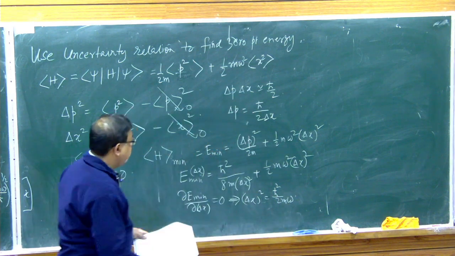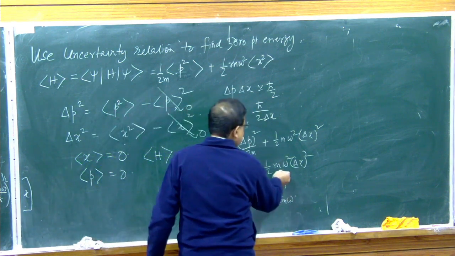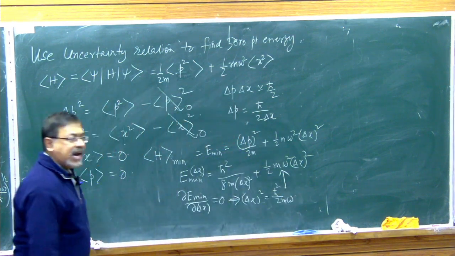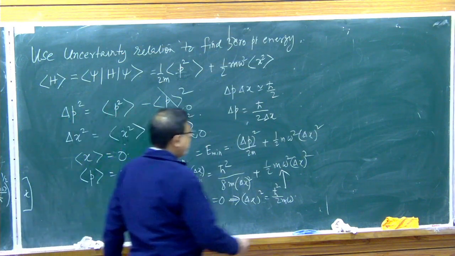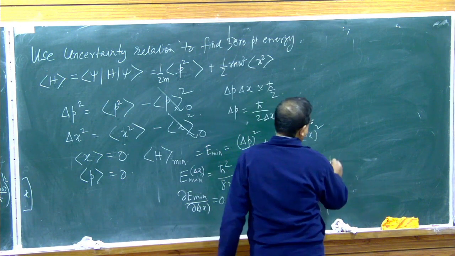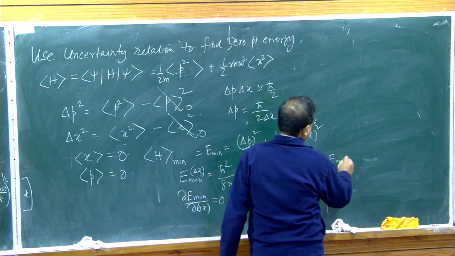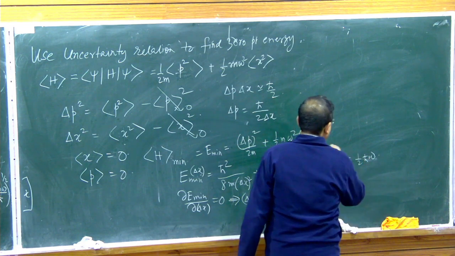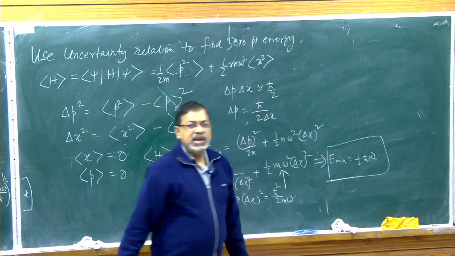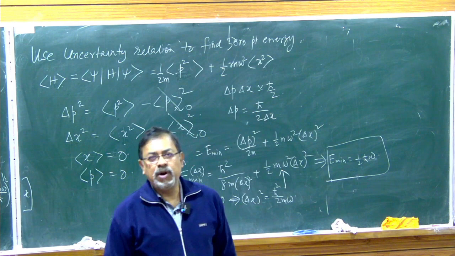If you put this value in this step, you get half h cross omega. So your E min comes out to be half h cross omega. That's the minimum energy that we have said for n equal to 0.